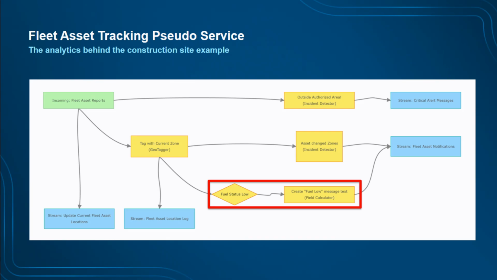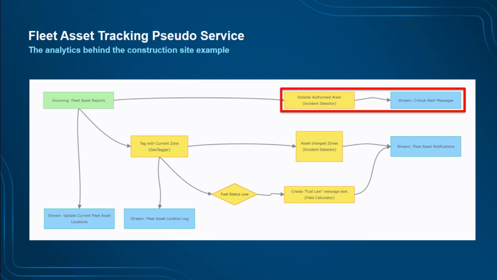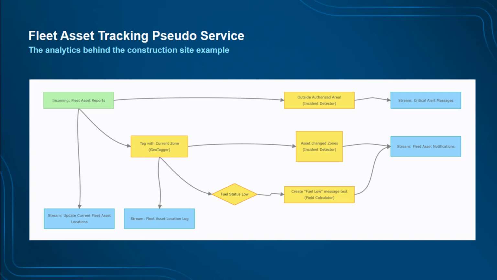We could watch for that kind of information and then send an alert to make sure a fuel truck gets out there to service that vehicle. And then finally, we have a notification where if a vehicle actually leaves the entire construction zone, that's something a little bit more serious that we want to address. And so each one of these workflows, each one of these information flows is supported by this service where we have one single input and a number of different analytical steps and then multiple outputs.